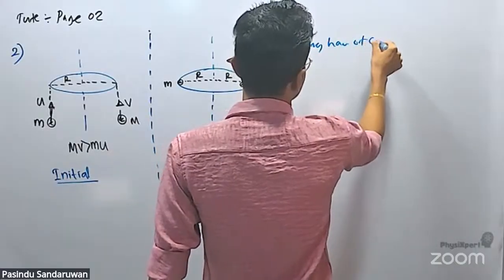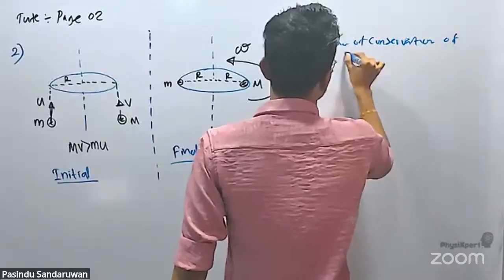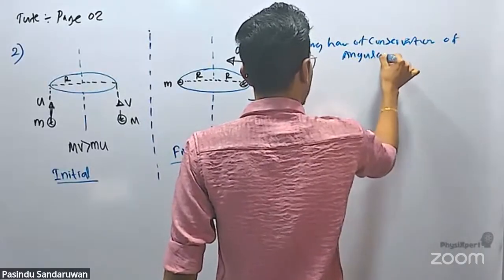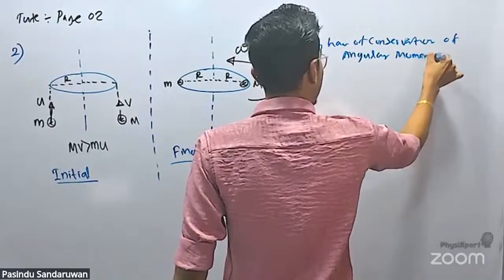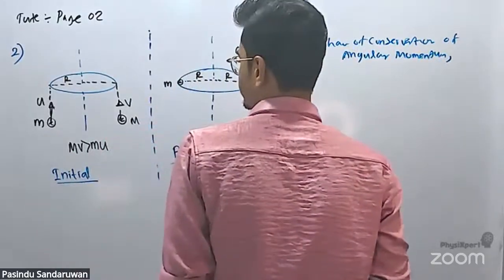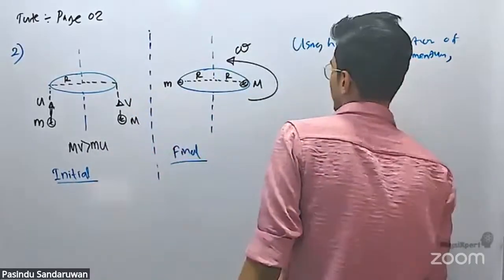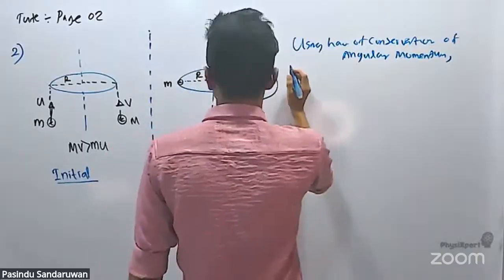Right, so let's apply the law of conservation of angular momentum. Total initial angular momentum. Now there are three objects, so apply one by one.